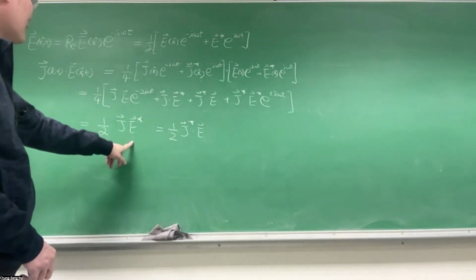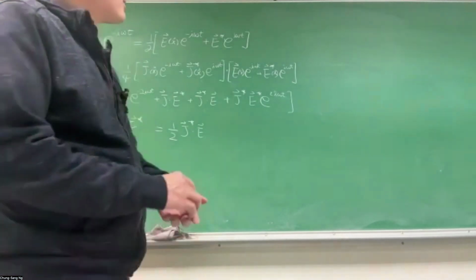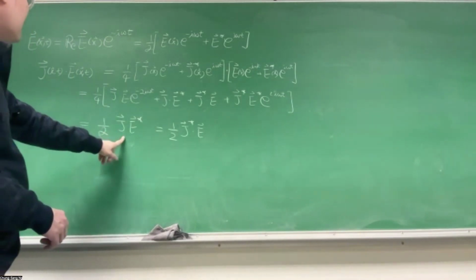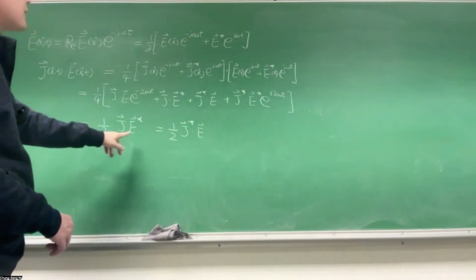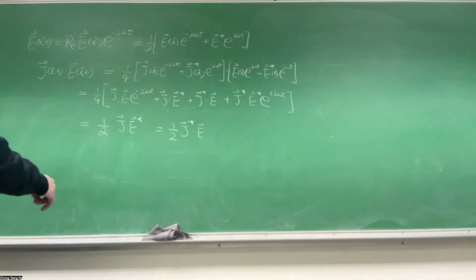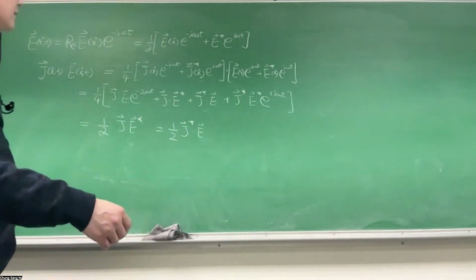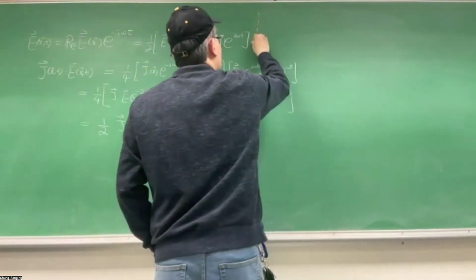We'll start from the J dot E term and then derive the Poynting theorem, right? But then you need the Maxwell equation to substitute into the J dot E. So the Maxwell equations also change according to this single frequency. That's why I write it over here.